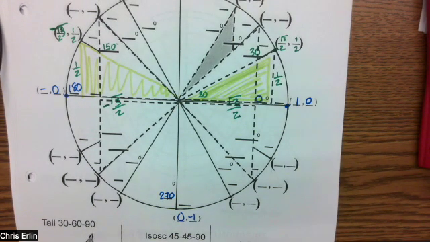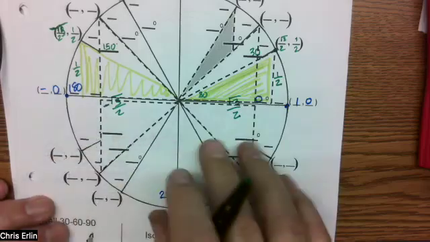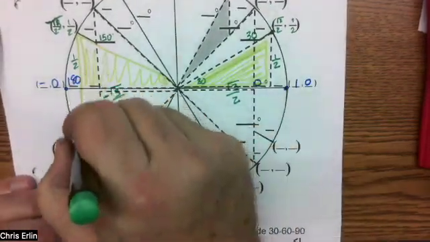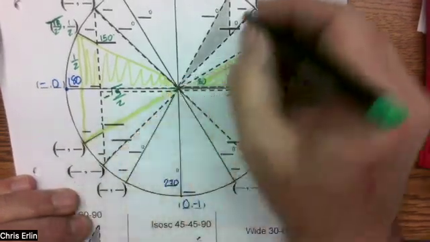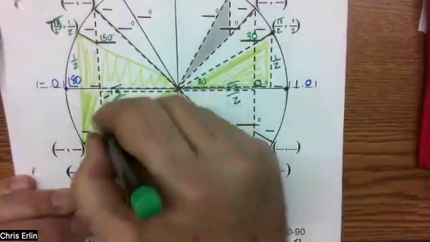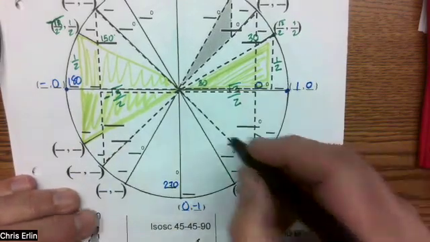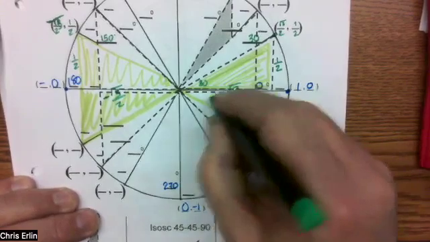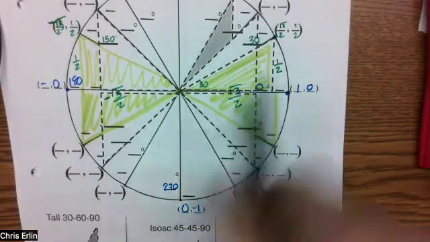Do you see any other places where we could have 30-degree angles that are, excuse me, wide 30, 60, 90? 60. Well, 60 is a 30-degree triangle, but it's not the wide one, it's the tall one. But we have one here and one here. Good.